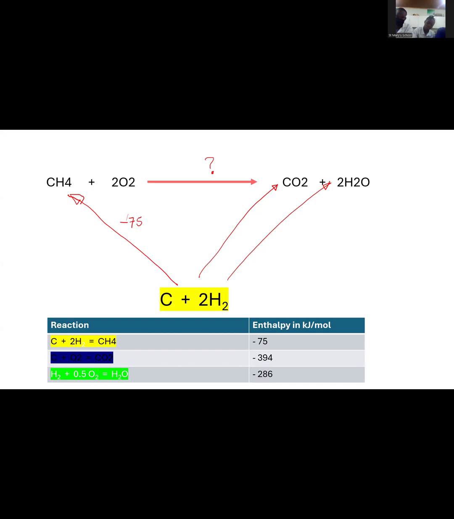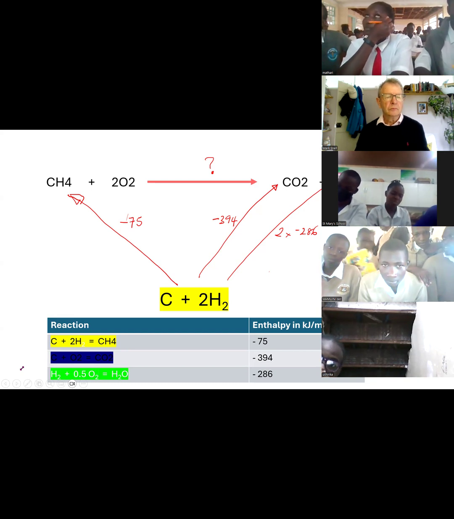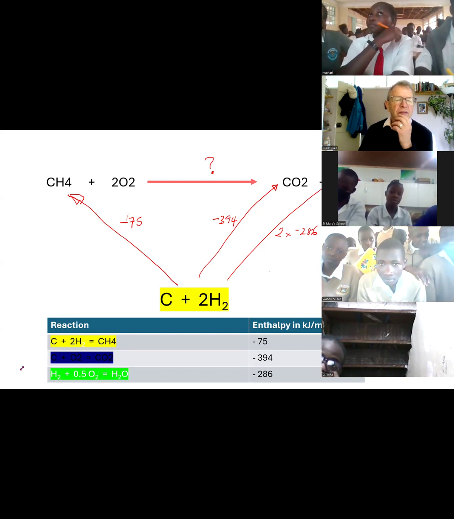Think about what I need to do with that. To make carbon dioxide here, it's negative 394. To make two waters, it's 2 times negative 286. So you think, how do I find the question mark?